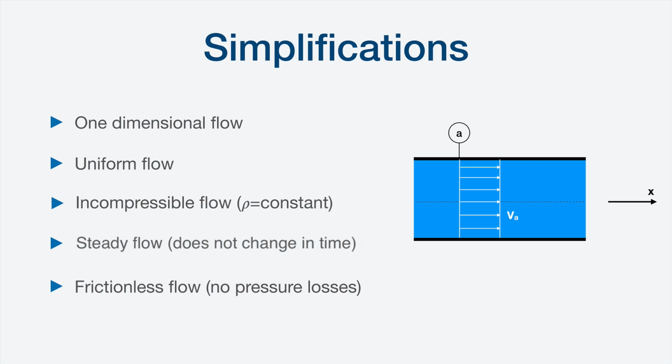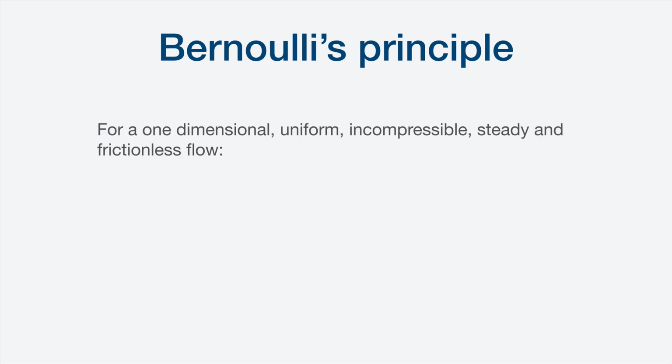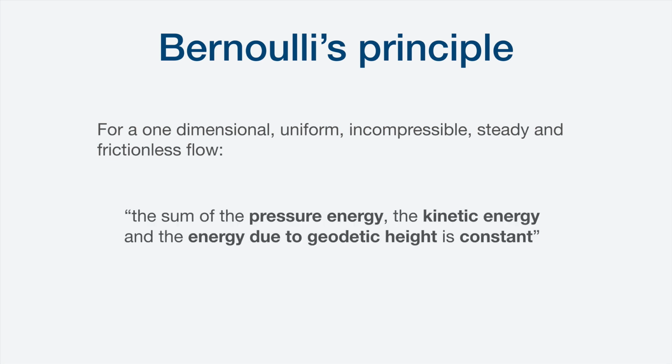So, I insist, we will apply these five simplifications to the study of this equation. For a one-dimensional, uniform, incompressible, steady, frictionless flow, the sum of the pressure energy, the kinetic energy, and the energy due to geodetic height is constant.